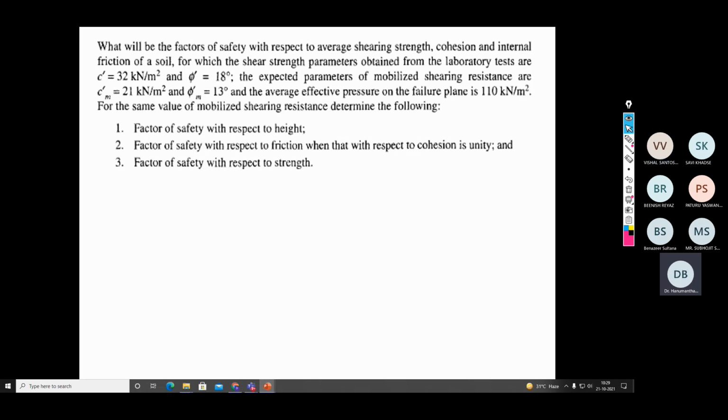Don't need to. See, first of all, factor of safety with respect to height is asked. So the height becomes critical when Fs is unity or Fc is unity or F-phi is unity. Sir, Fs is unity. Okay. So then you presume the same condition.